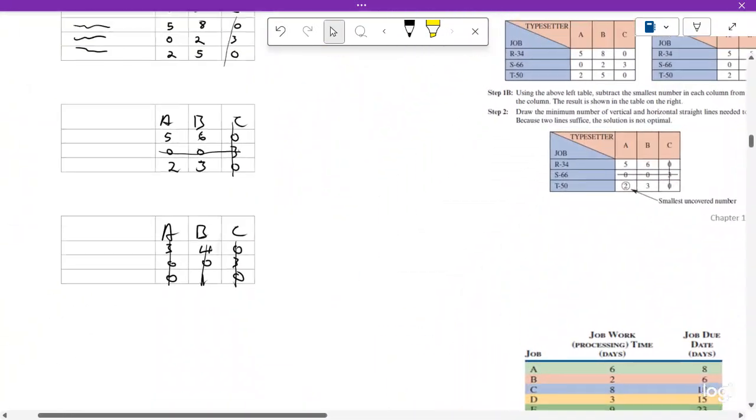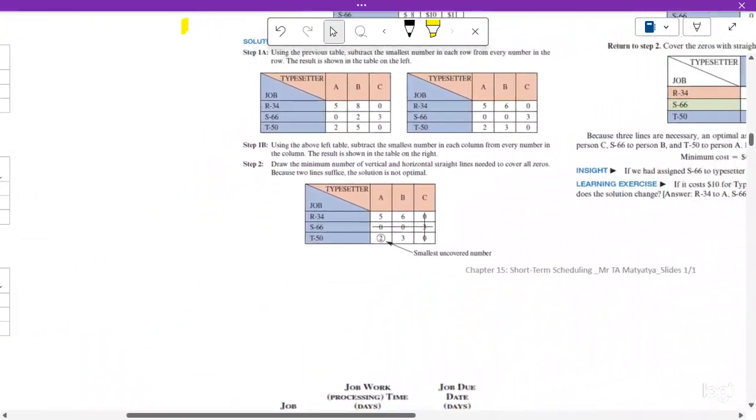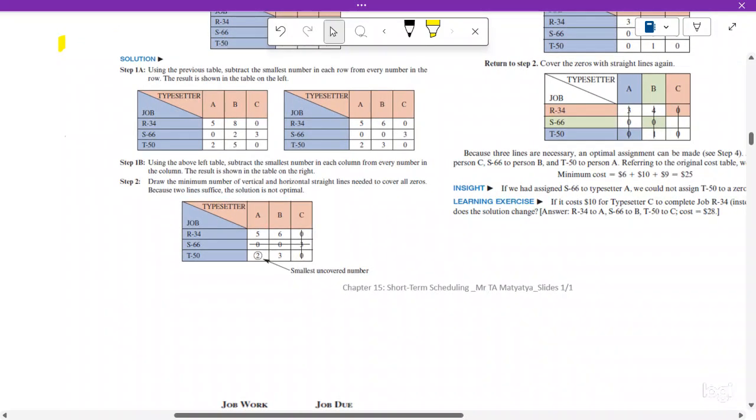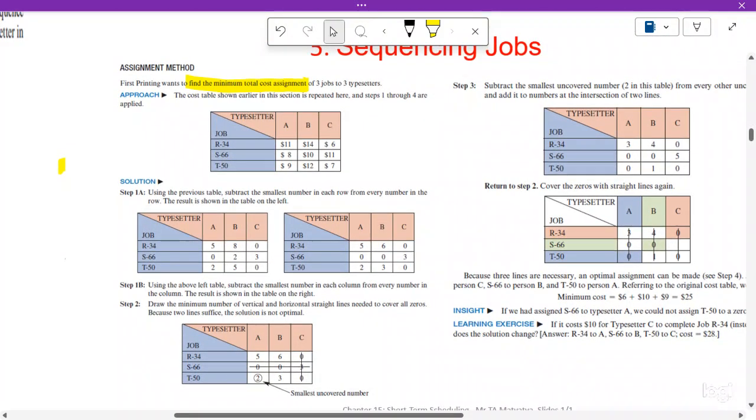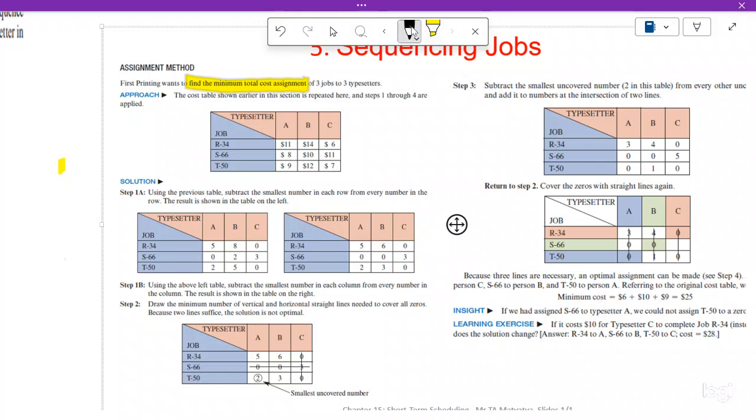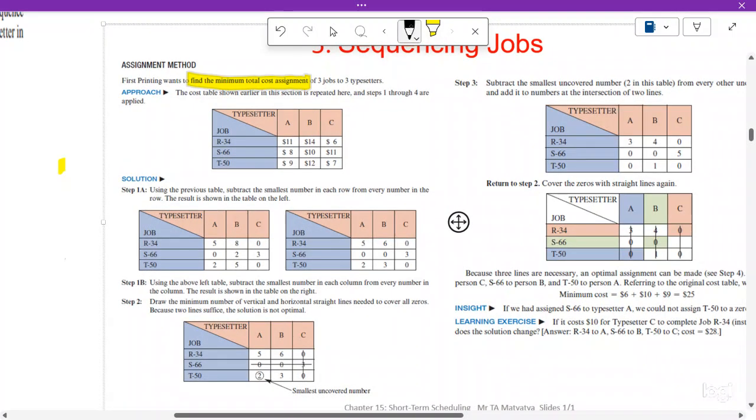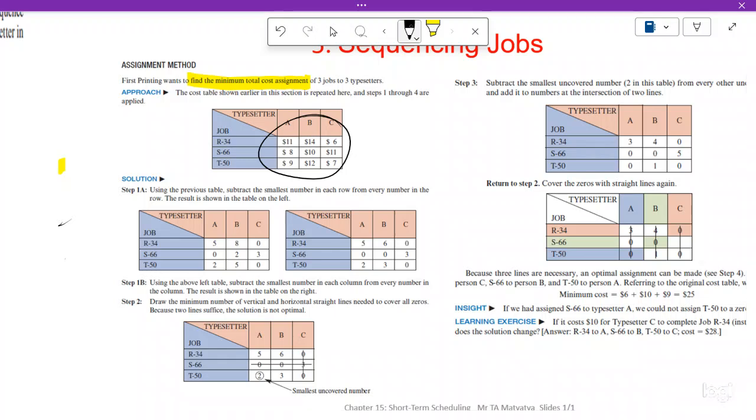So with maximum, we would look for the maximum number on our original table here, which was going to be 14, isn't it? Then we're going to use 14 to minus from all of them before we start. We'll start by minusing 14.